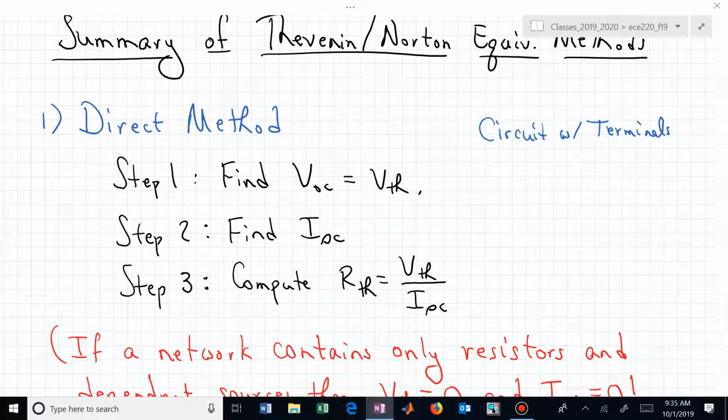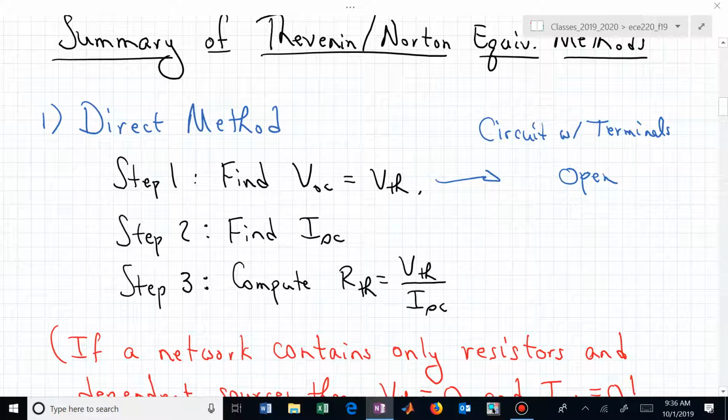Hint, hint. For V open circuit, we leave A and B open circuited, don't we, in step 1. That's the configuration of our circuit for step number 1: the circuit with terminals open.